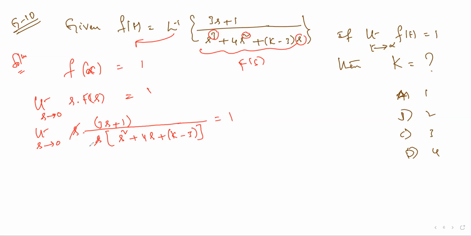Then s gets cancelled. If I substitute s value 0, 1 divided by k minus 3 is equal to 1. So k minus 3 is equal to 1, k value is 4. 4 is the right option.